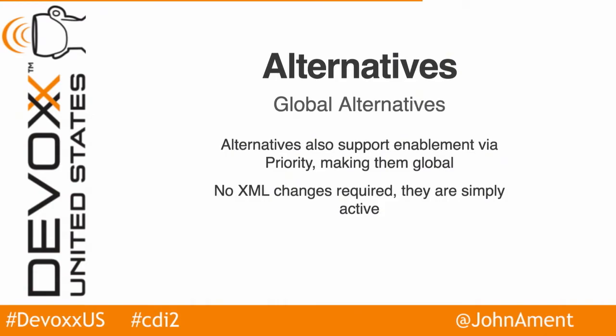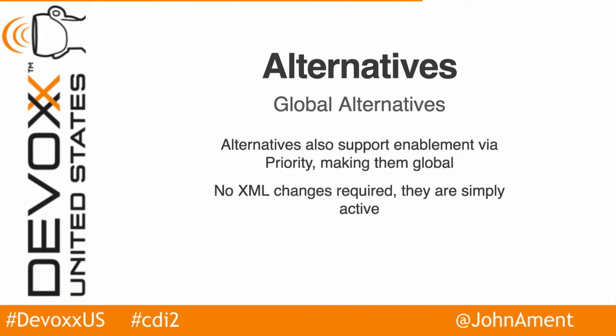However, because of that structure, your alternatives were scoped into that deployment archive, or your bean archive. So if you had a war file and 2 jar files, each of them with their own beans XML, you're now going to get different behavior within one jar file versus your main war file.